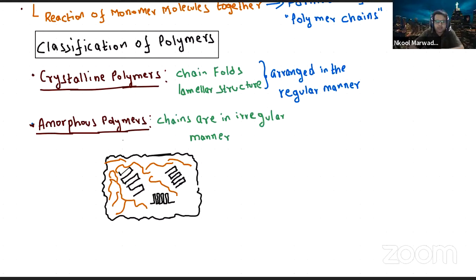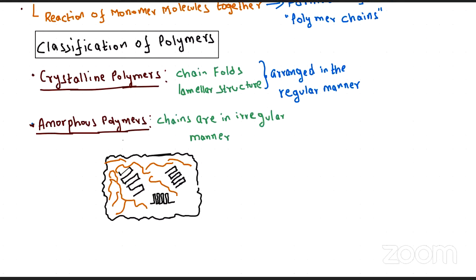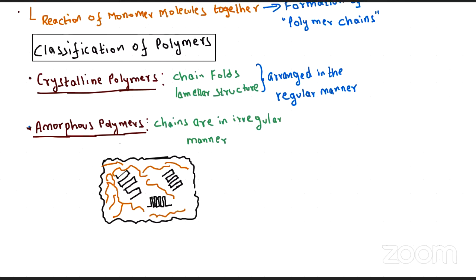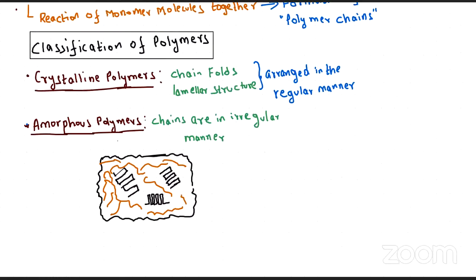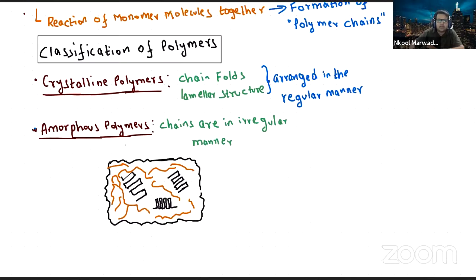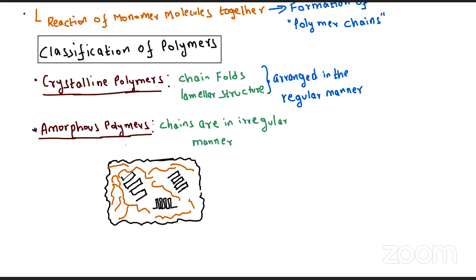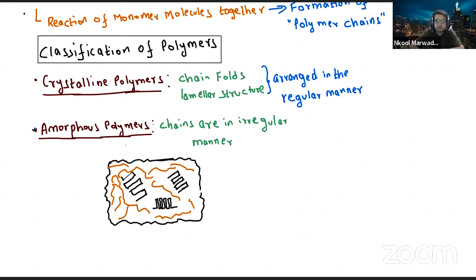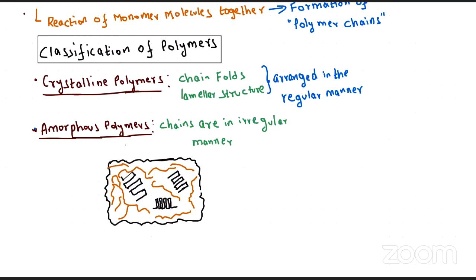I am making some big chains, but they are not similar and not following any regular pattern. The brown ones are big chains, but they are just randomly distributed and don't have any specific structure. But the black chains which you are seeing are following a pattern.